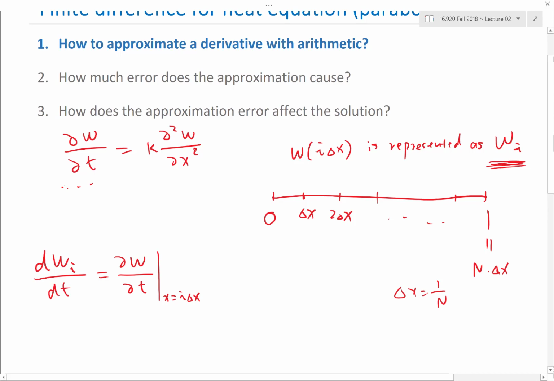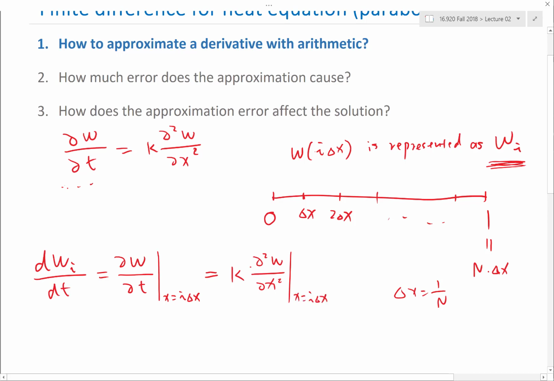Because this is a classical example of taking derivative of a function while holding the other variable constant. The other variable is x, right? Because we are looking at a grid point that doesn't move. The derivative of the solution on this grid point is, of course, the partial derivative of that function. So that is equal to, well, kappa times the second order derivative at x equal to the same point.